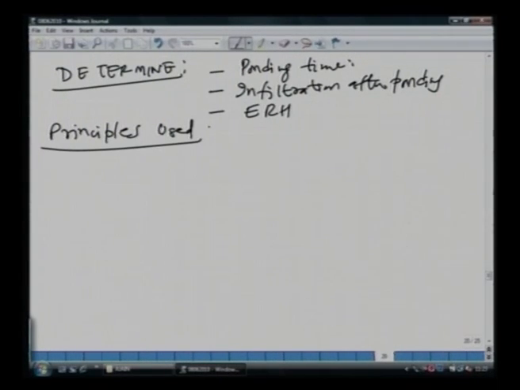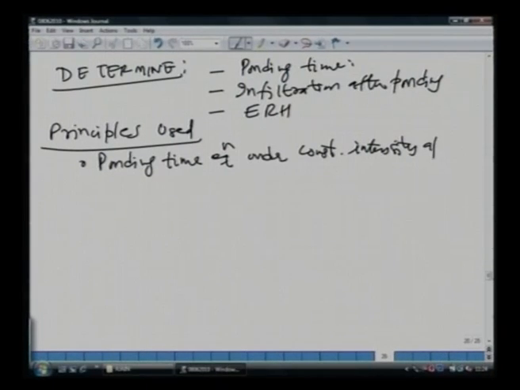Okay. In developing this algorithm, we will use certain basic principles, and one of them is that the ponding time equation which we had seen under the constant intensity is applicable.